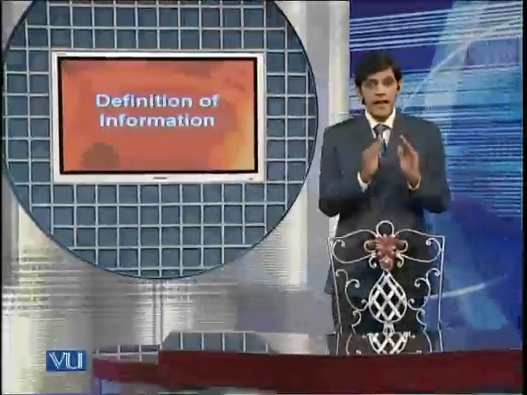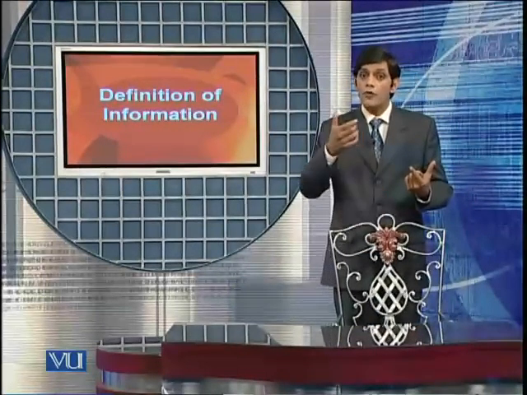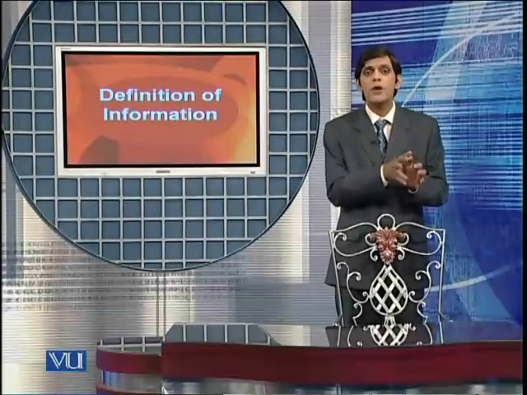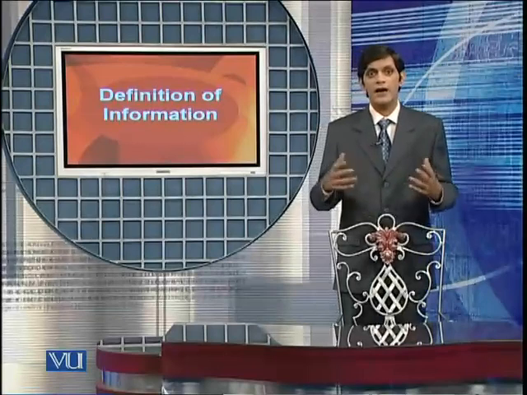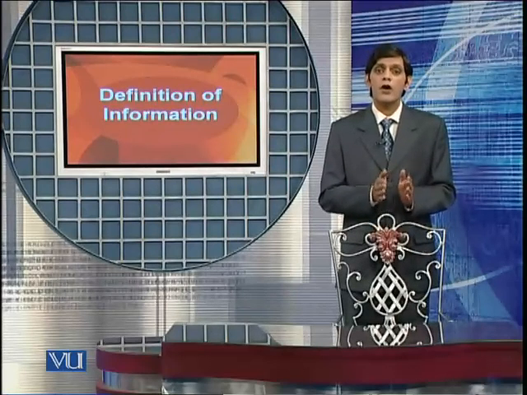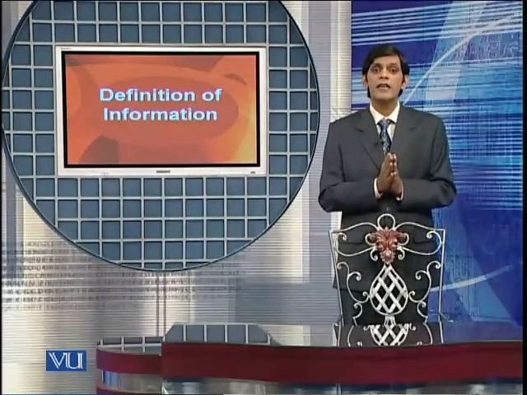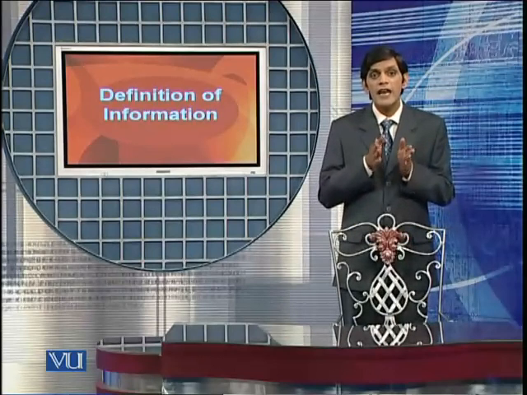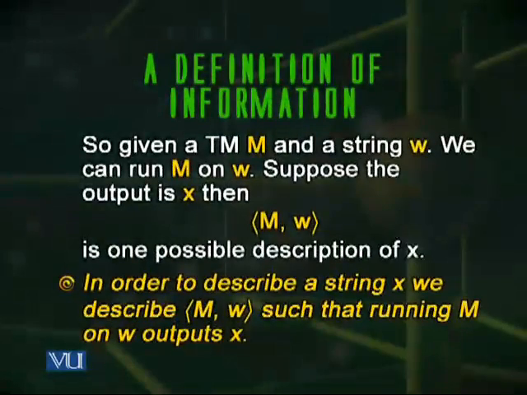I can send M followed by W, the way I told you to encode it, to my friend, and if he knows the convention, he would be able to separate out the machine M from the string W, and then he will run M on W. The answer would be X, and he would say, my friend wanted to send me X. This is what we are going to call the description of X. So the description of X is a Turing machine M followed by some W, such that when you run M on W, the output is X. In order to describe the string X, we simply describe M, W such that running M on W outputs X.